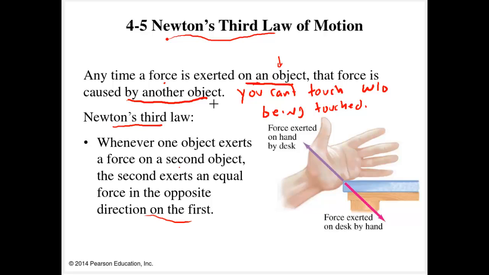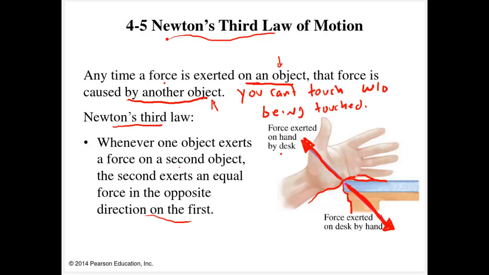So we have two objects here, and the way that the book describes it pictorially is if you take your hand and you exert a force onto the desk, the desk is going to exert an equal force, equal in magnitude but opposite in direction, back on your hand.